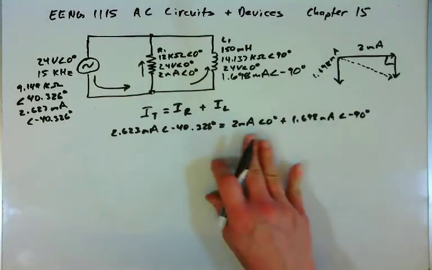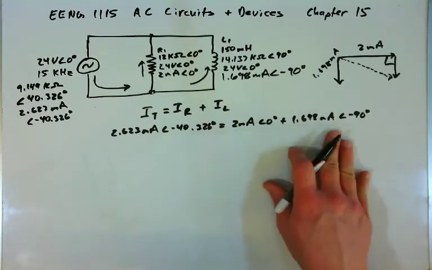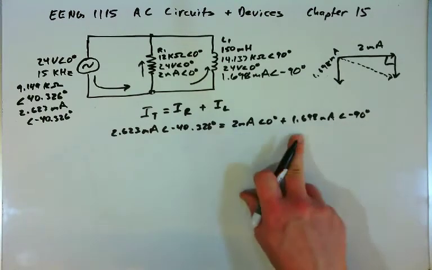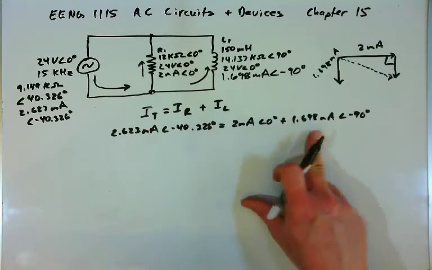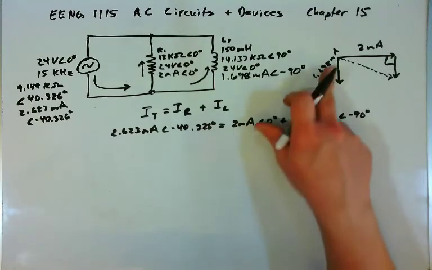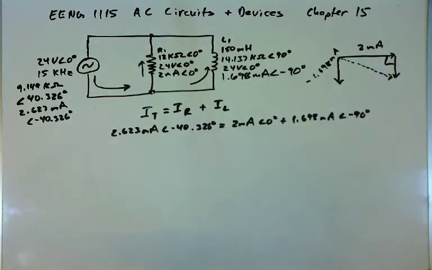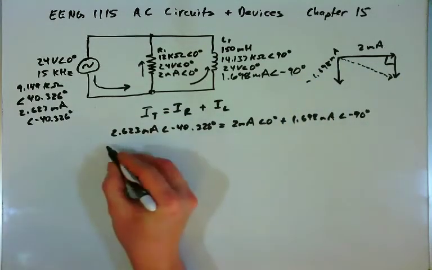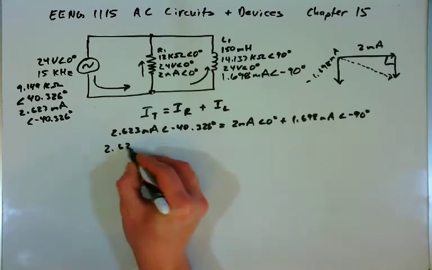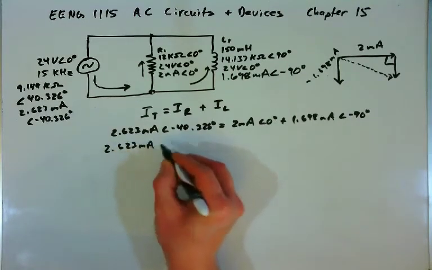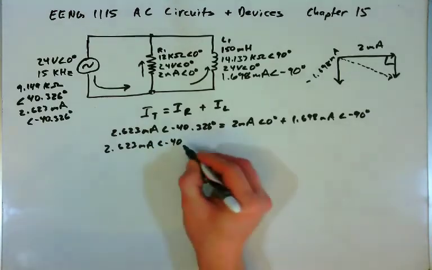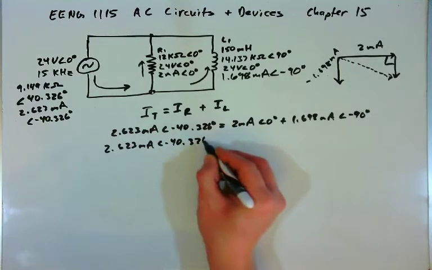If you converted these to xy coordinates, you would see that this was going to be the x component of the resultant, and this would be the y component. Just pay close attention that when the angle is at negative 90, the y component is going to be negative. So this is actually negative 1.698 milliamps because it's pointing down. And so 2.623 milliamps at negative 40.326 degrees.